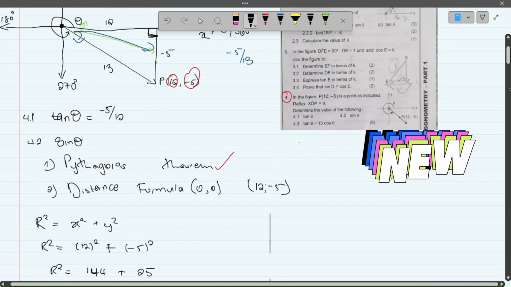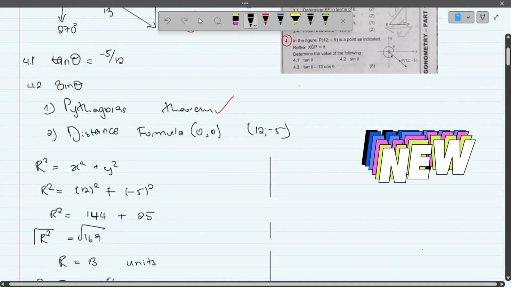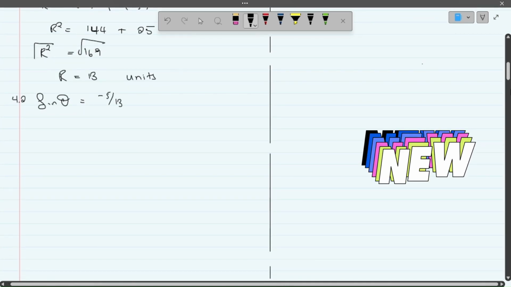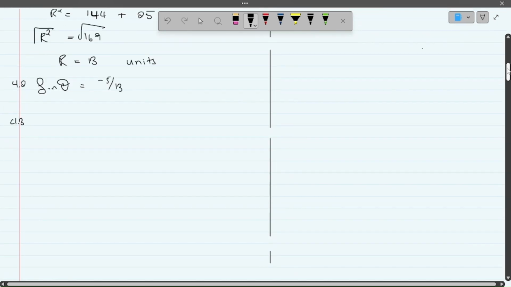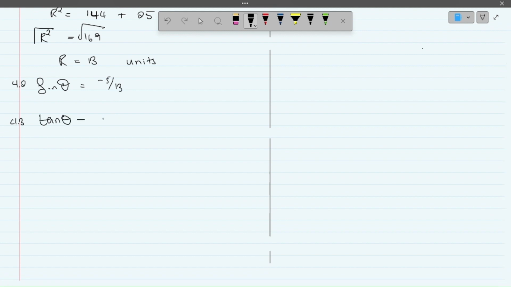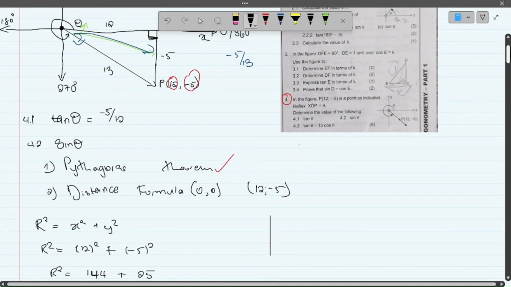So 4.3. 4.3 says: tan theta minus 13 cos theta.